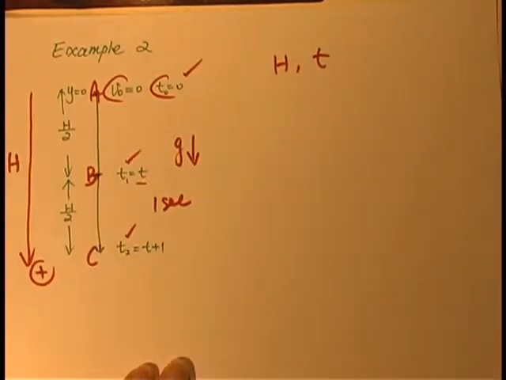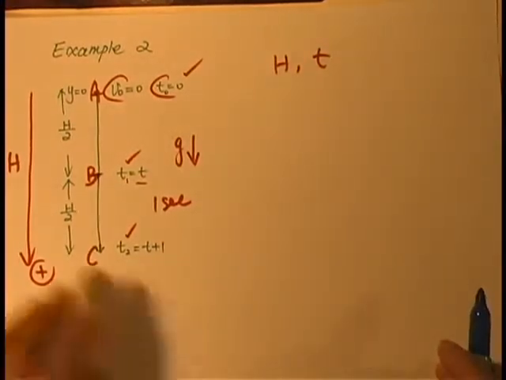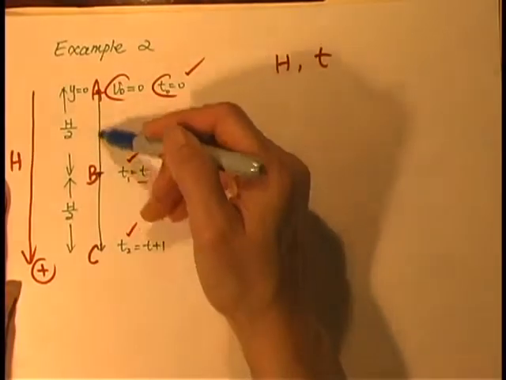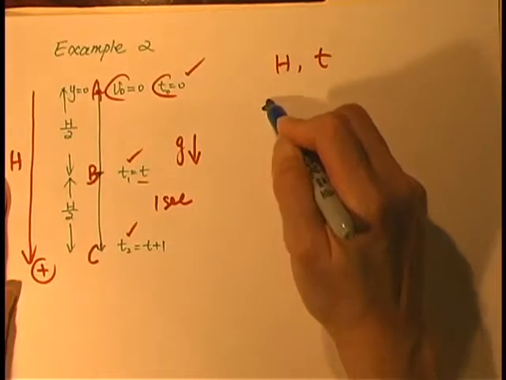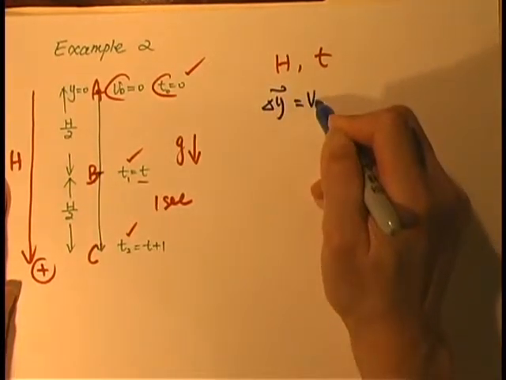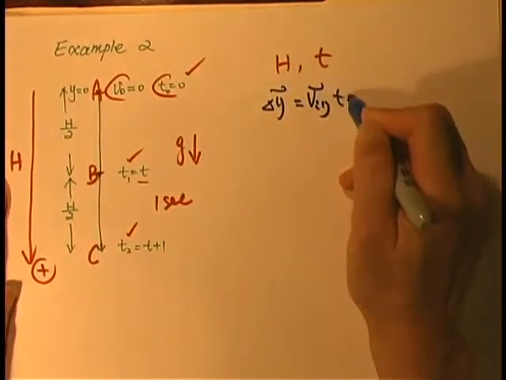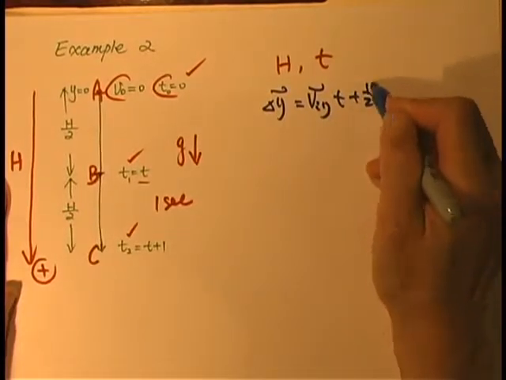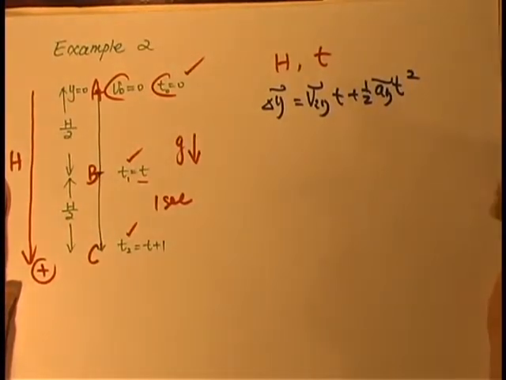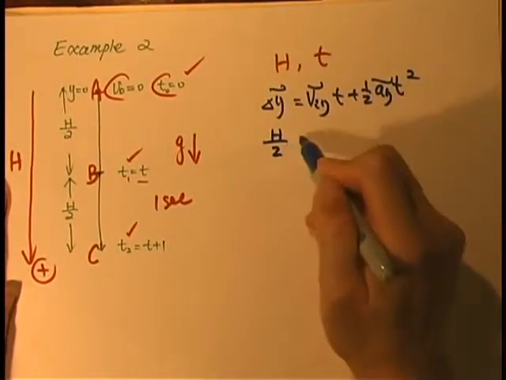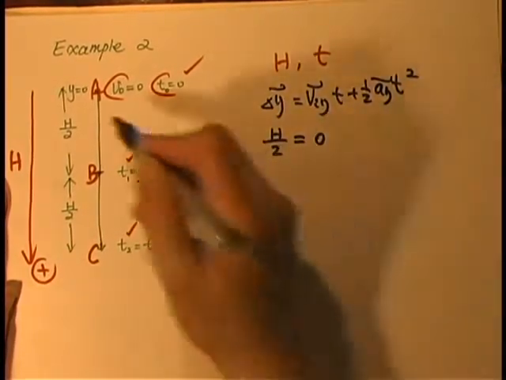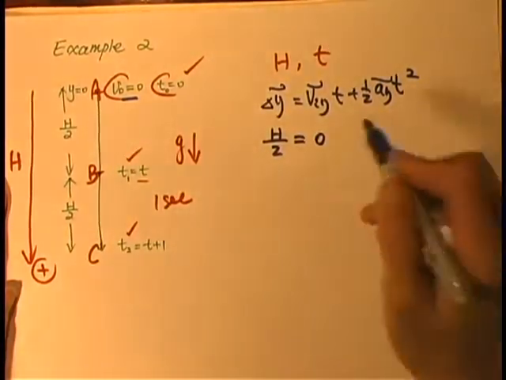So remember, we follow the definition. We say, okay, it takes t seconds to drop this much. So we will say this. Delta y equals v initial y t plus 1 half a y t squared. Since we talk about time and displacement, delta y is half h, positive downwards. V initial y is 0 because we start from initial velocity equals 0.